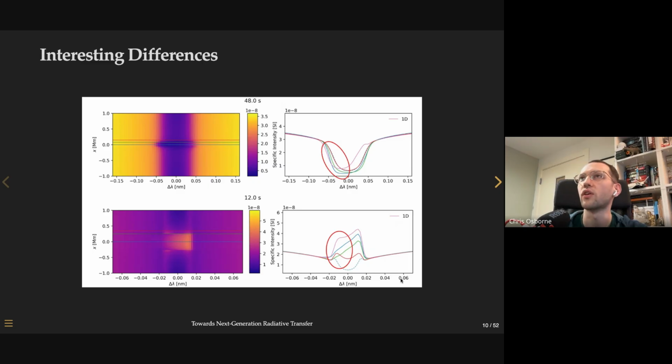So this is just after we've turned the beam off. The beam ran for 10 seconds, in this case, the electron beam that was heating the atmosphere. And here we have quite a significant difference in line shape, really. It just fails to fill in this blue wing component, despite the fact that the thermodynamic properties in the heated region, so this 500 kilometer region here and this 125 kilometer here, are identical to the plane parallel model that we have in Radon.